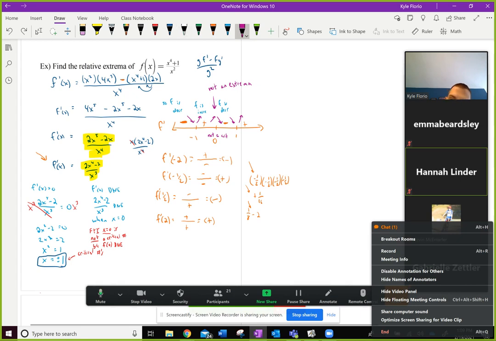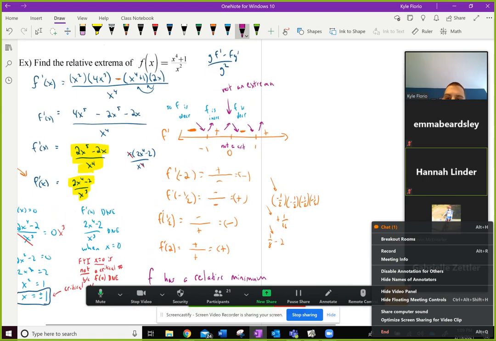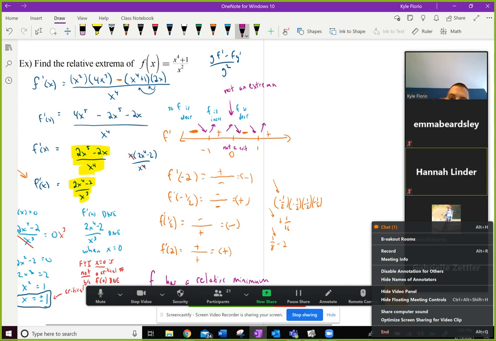So let's answer the question now. Find the relative extrema of the function. So f has a relative minimum at -1. We got to plug -1 in. If I plug -1 in, the numerator will be 1 plus 1, which is 2. Negative 1 squared is still 1.